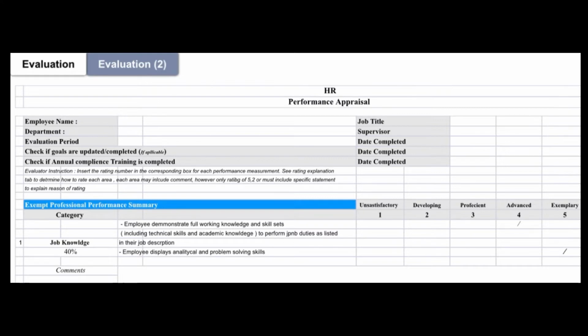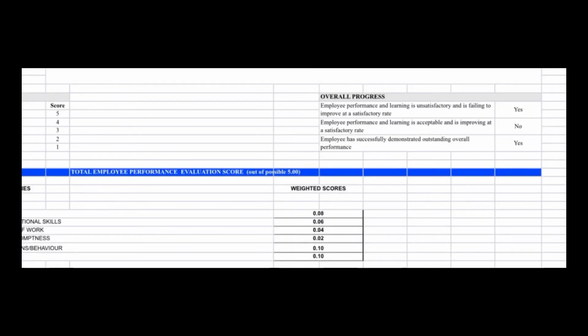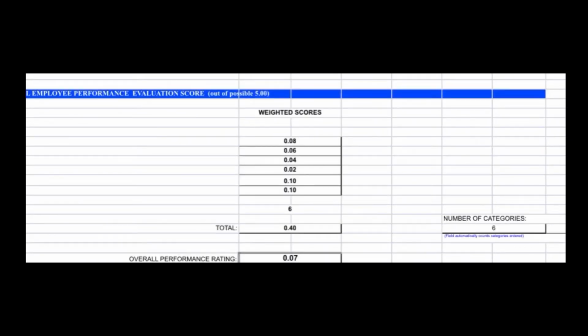It comes with evaluation instructions, a score as I said before, and an explanation of overall progress. It also comes with categories, with the score on performance rating and the number of categories, so it is easy for people to understand.